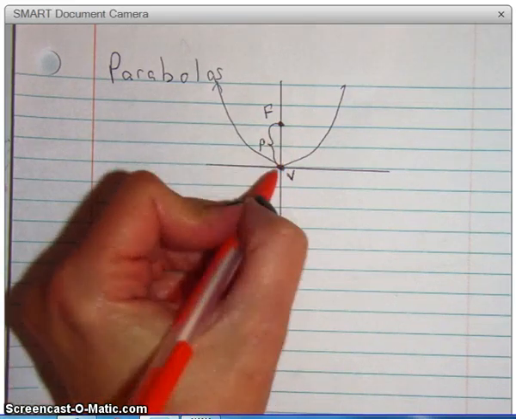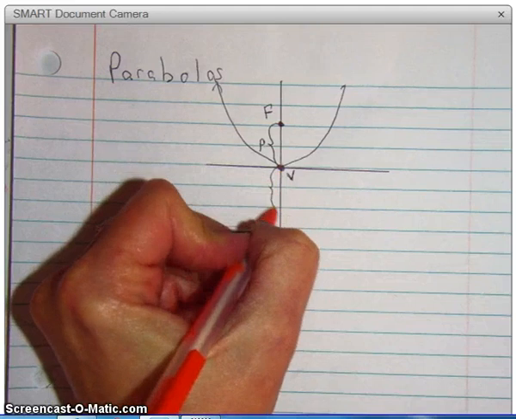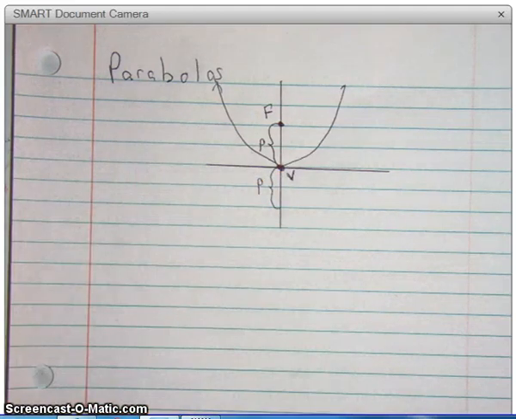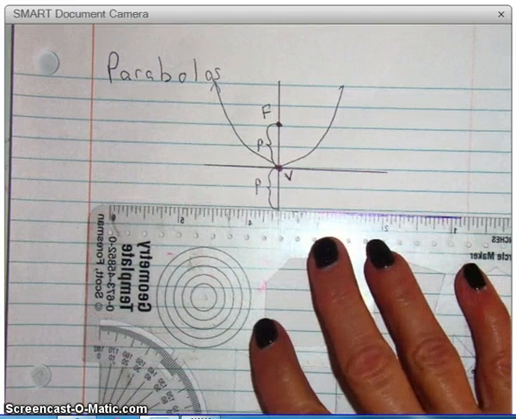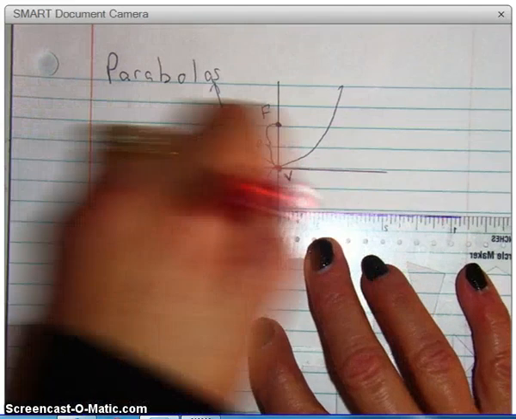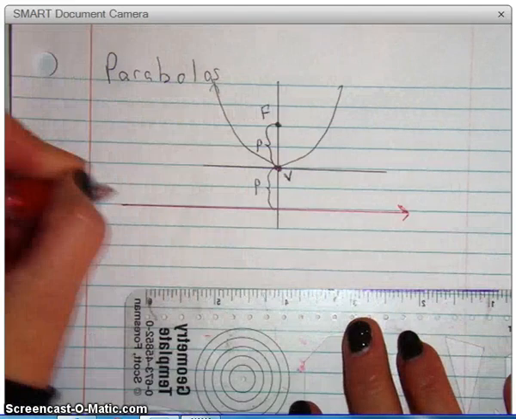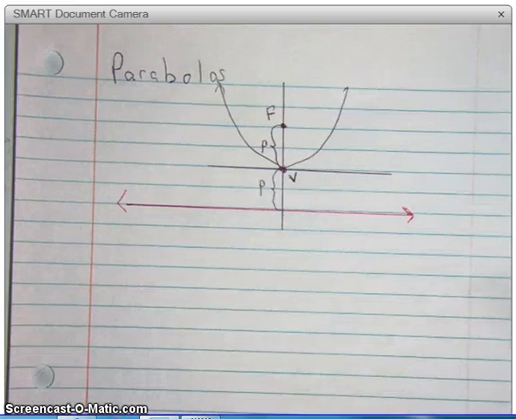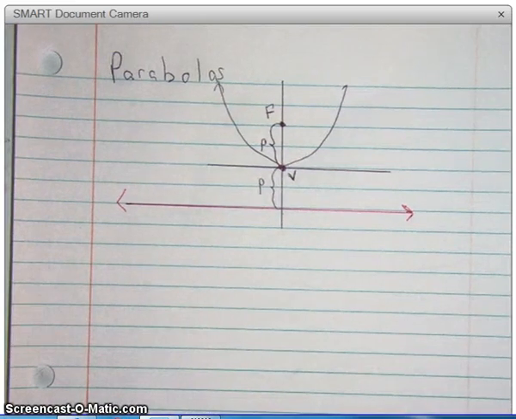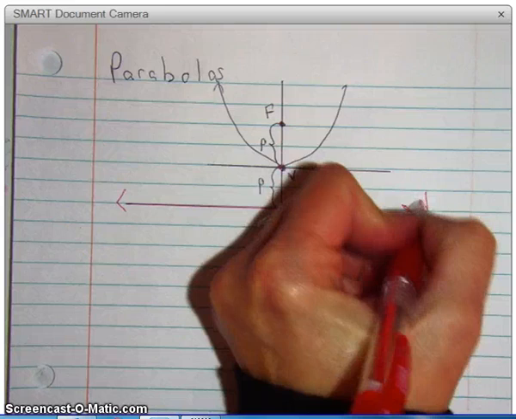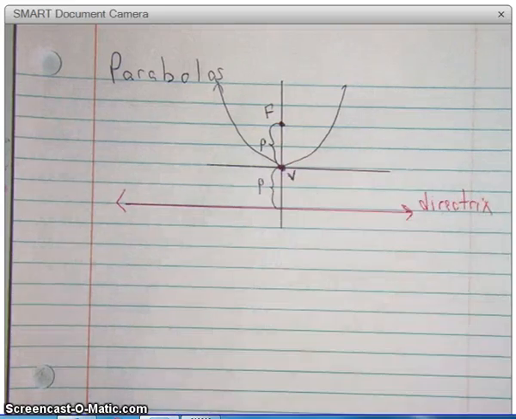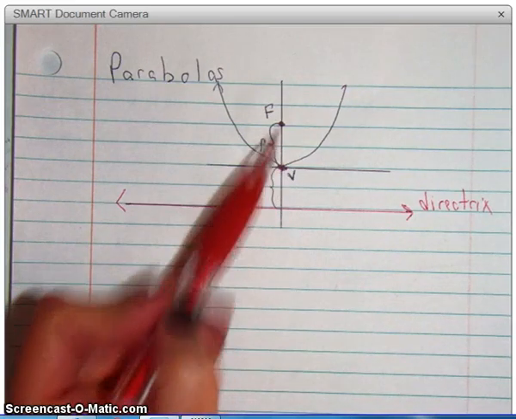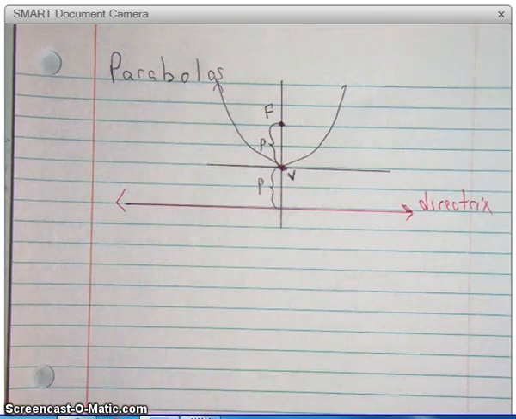That so many is P. And that'll give you a line called the directrix. Now, depending on how your parabola opens, the directrix could be vertical or horizontal. So this is called the directrix. The focus and the directrix are the same distance from the vertex.